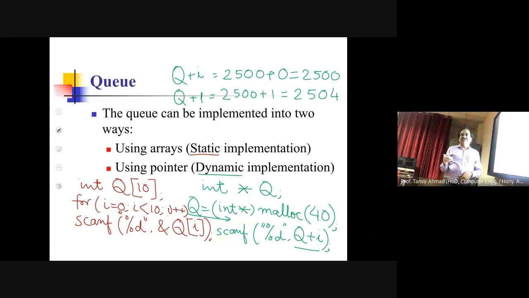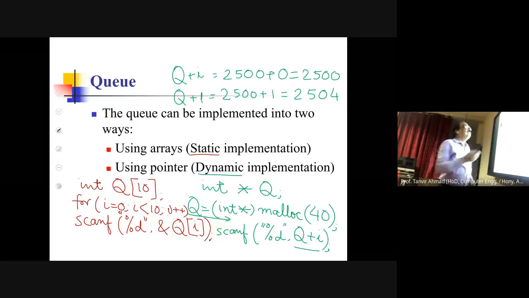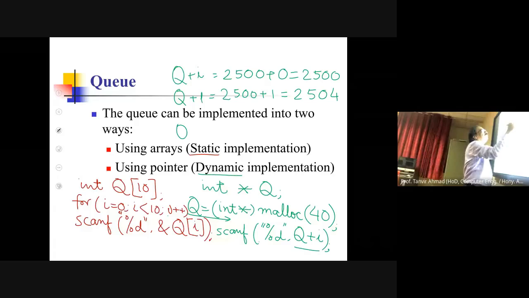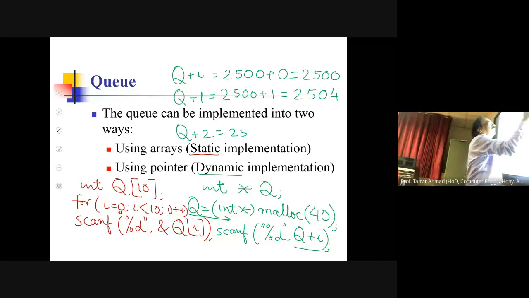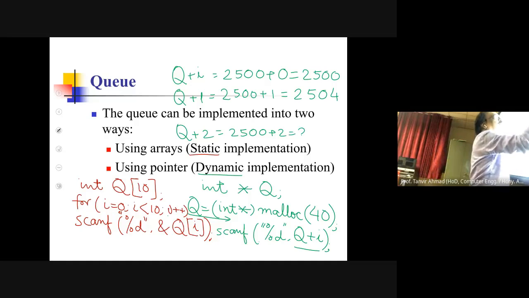Your 2500 plus 1 will not give you 2501; it will give you a value depending on the size occupied by Q. Therefore, 2500 plus 1 will give you 2504 because an integer takes 4 bytes. Similarly, if I write Q plus 2, it will be 2500 plus 2, which gives you 2508, and so on.